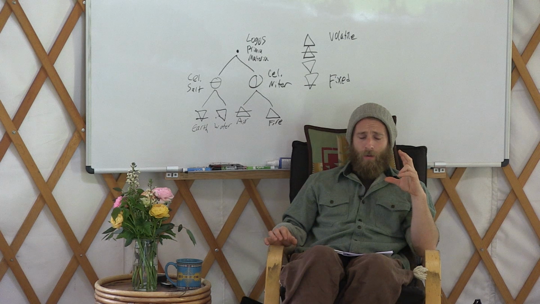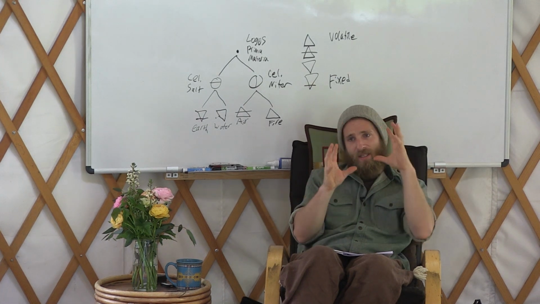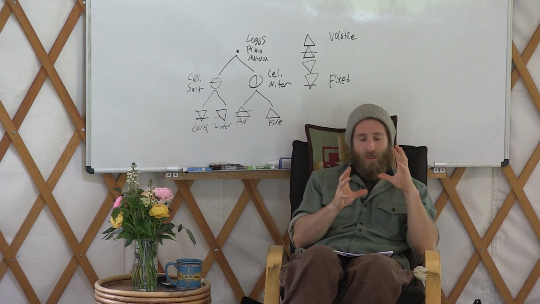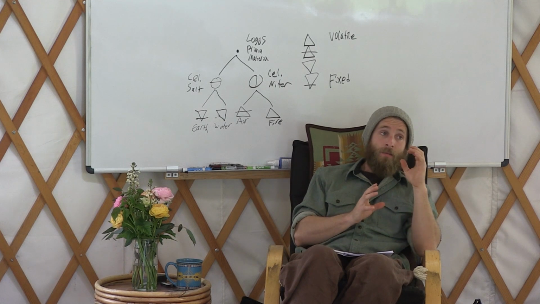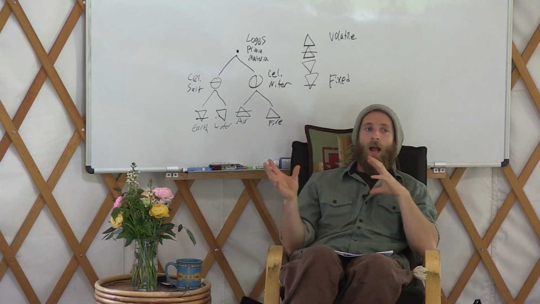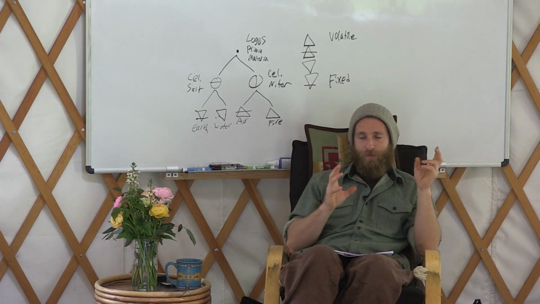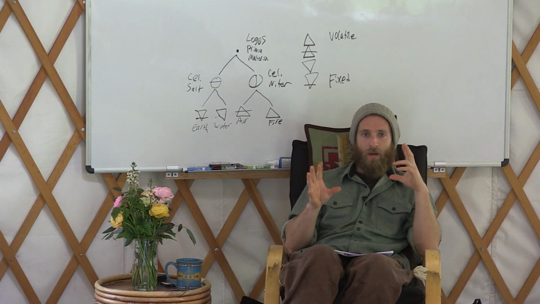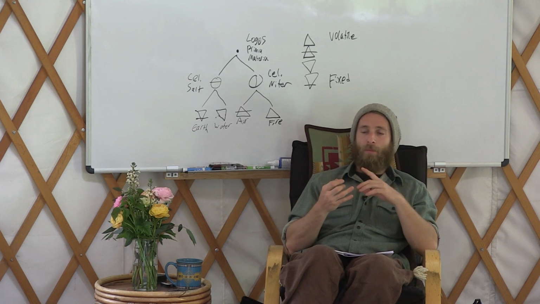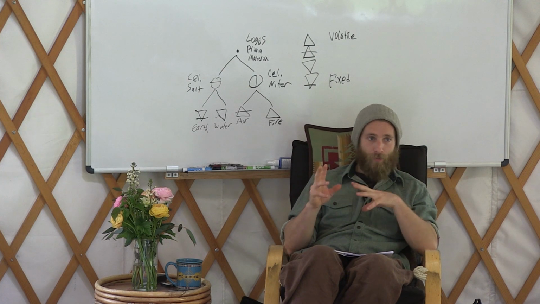Then from there we've got our organ systems, right? Organ systems being, for example, the urinary tract. The systems are comprised of individual organs. So the urinary tract is composed of the kidneys and the bladder, and then all the tubules that connect it.